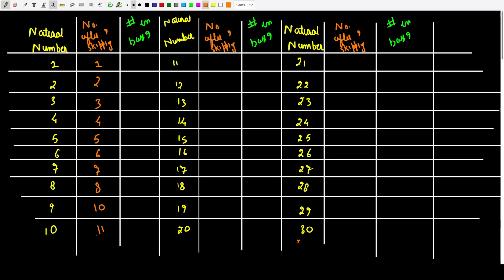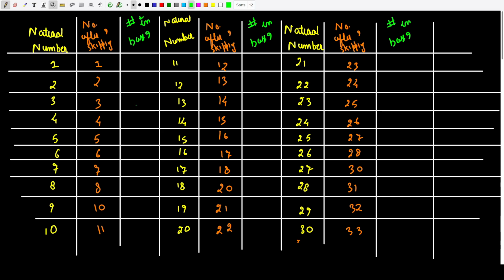Similarly for the rest of the cases, this will be 11, 12, 13, 14, 15 and all the way till 18, and again after 18 the next number is 19, and since we have to skip 9, the next number will be 20, and so on till 28. Now the next natural number after 28 is 29, and since we have to skip 9, the next number will be 30. And in this way, if you see, we have represented the first 30 natural numbers by skipping 9.